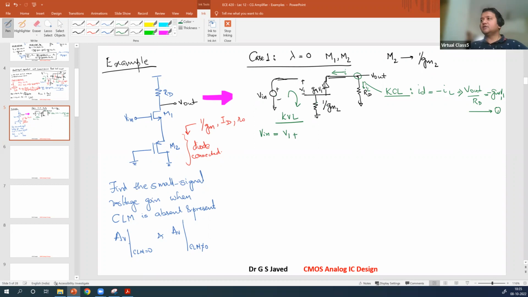What is IS here? This IS is equal to GM1 V1. IS times the resistance, 1 over GM2. So that can be rewritten as V1 is common, V1 times 1 plus GM1 over GM2.